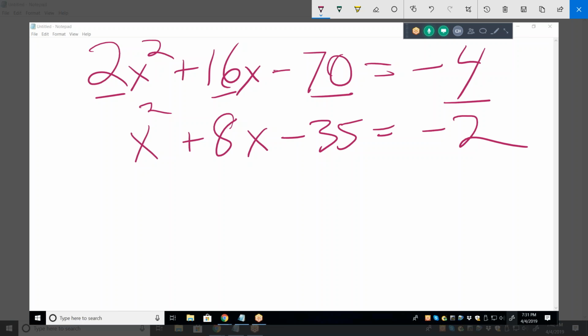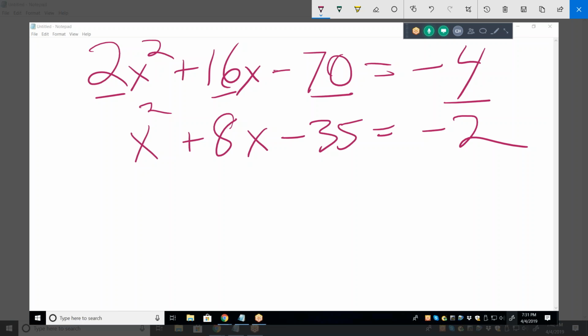If I didn't have to complete the square, I would try to factor it. But they say complete the square. There's a couple of ways you can do this. I prefer putting everything on one side, 0 on the other.